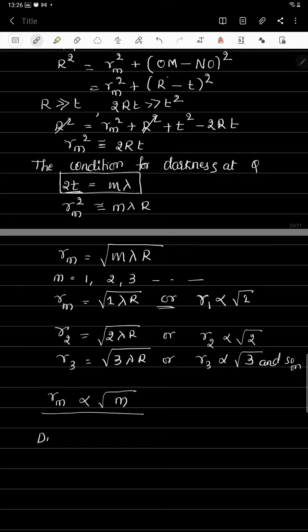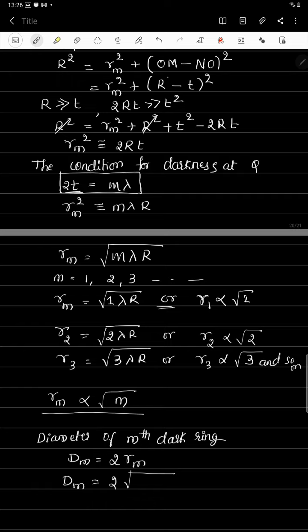Then the diameter of the mth dark ring, dm, is equal to 2 times this radius. So dm is equal to 2 times Rm, and from this equation Rm is equal to square root of 2 R small t.